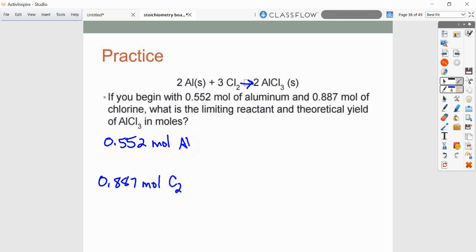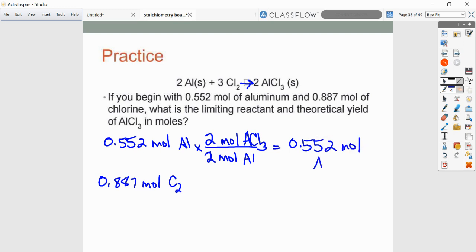So we just need to go ahead and use the mole ratios to convert these to the moles of product. So 2 moles of aluminum for every 2 moles of aluminum chloride. And so this would be 0.552 moles of aluminum chloride.